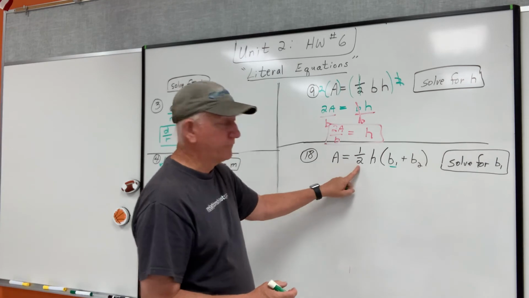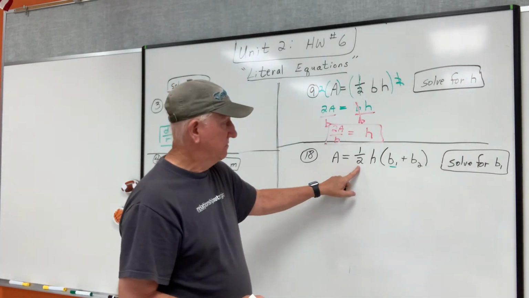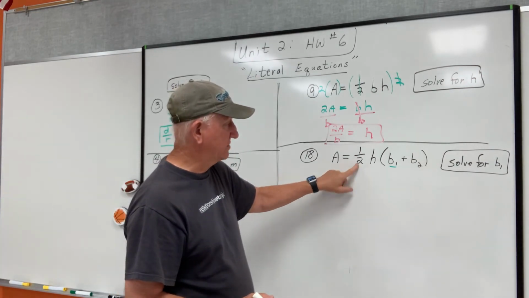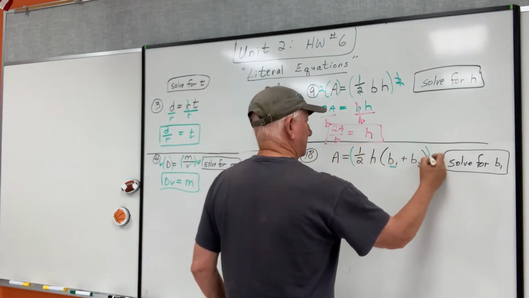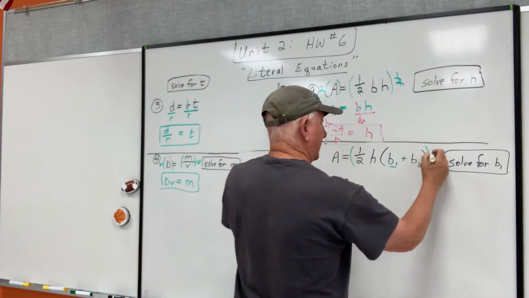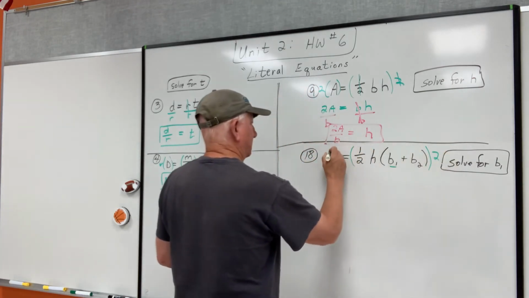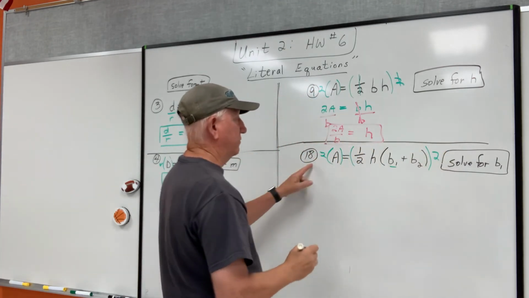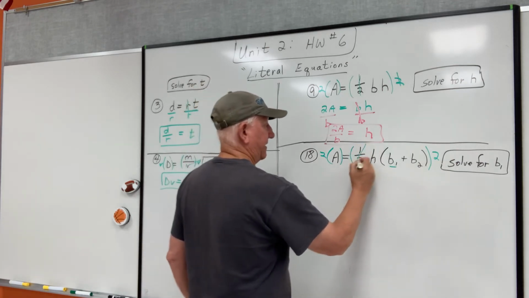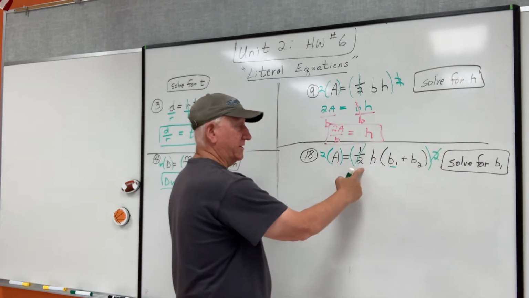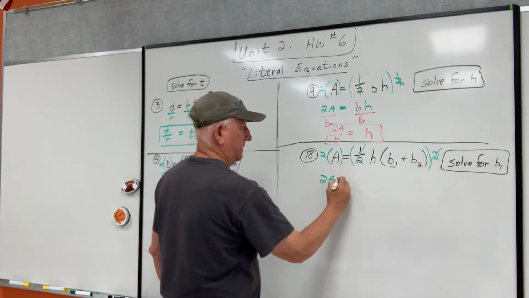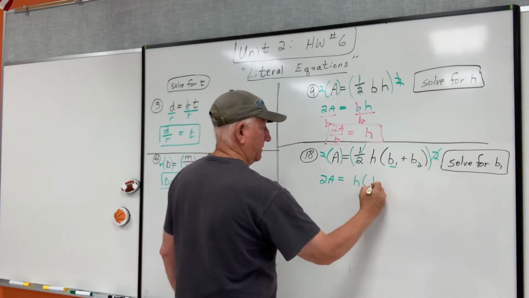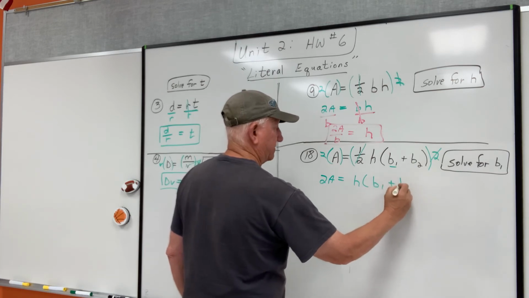So let's get rid of the fraction first. So remember, to get rid of the fraction, multiply everything by 2. The reciprocal, flip it. That's 2 over 1, which is 2. So we're multiplying both sides by 2. That takes care of the fraction. That leaves us over here 2a equals h times b1 plus b2.